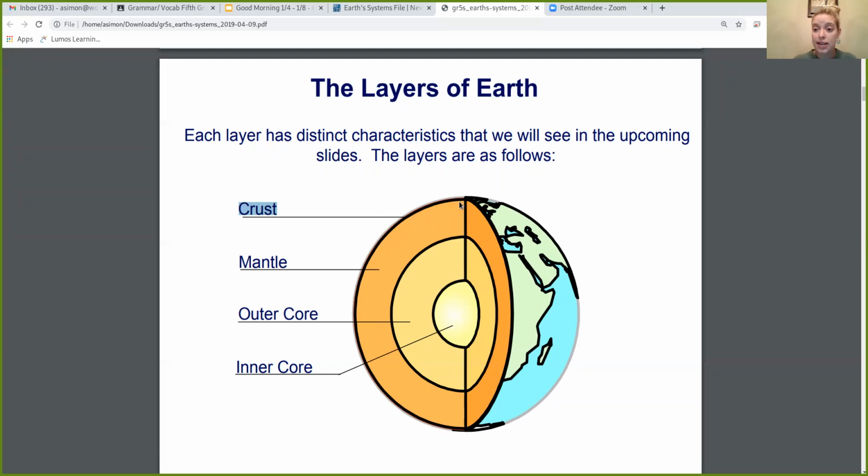As you can see from this picture, the Earth itself is pretty deep. Make sure, again, this picture is very important, so please put it in your notes.